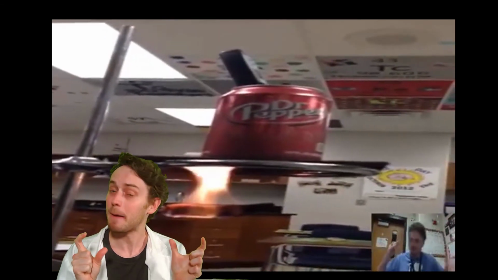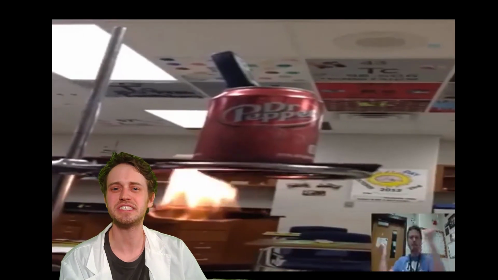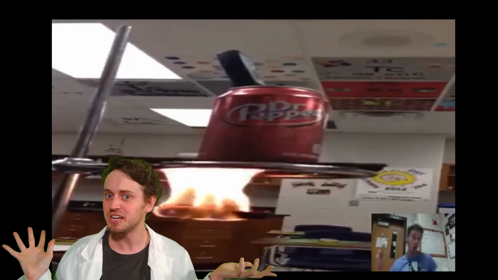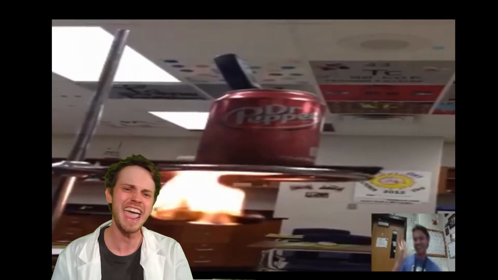So we have the Dr Pepper can, which is serving as a calorimeter. And you can see that it's not a very good calorimeter because you see all the heat that's getting exposed and it's releasing into the air. Some of it's also being absorbed by the can. Not really a great calorimeter, not really a great experiment, but it makes for an incredible song.